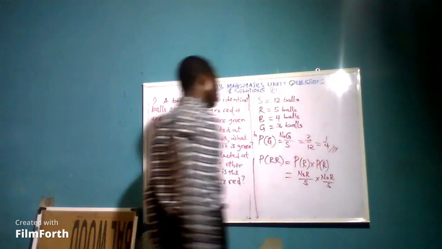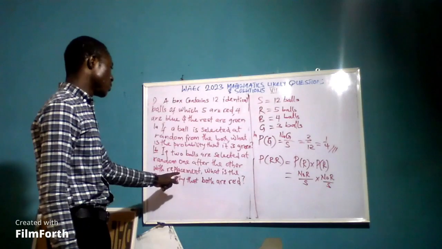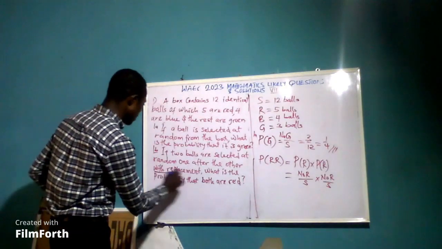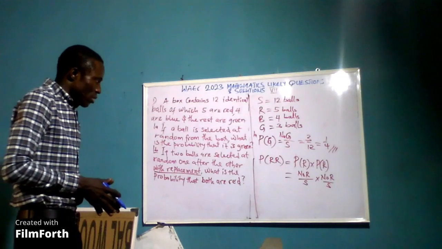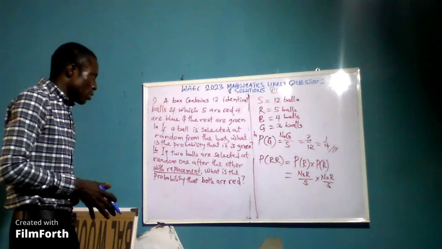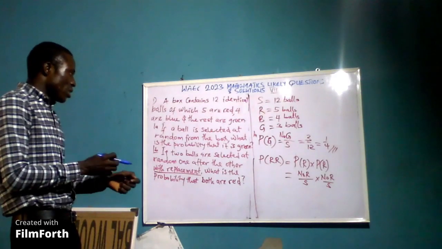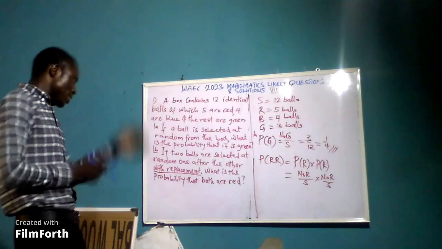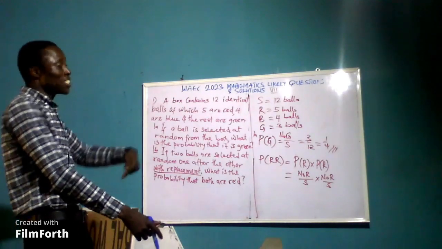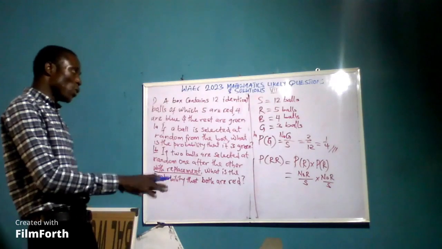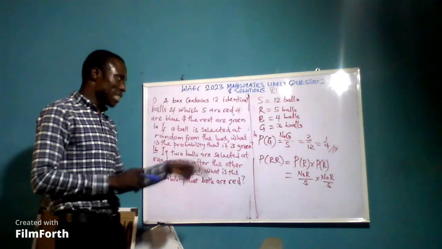Don't forget, this experiment is done with replacement. Underline with replacement. So at the first experiment, when the first is selected and possibly is found to be red, it is returned into the box so that we still have the same number of samples, which is 12 balls in the box, by the time we want to take the second experiment.